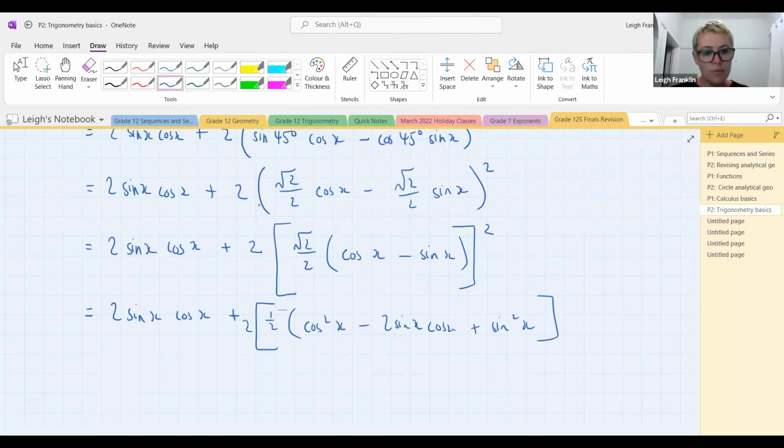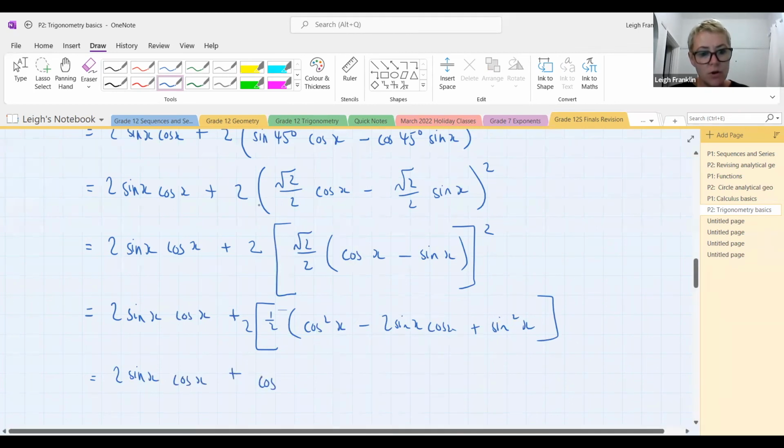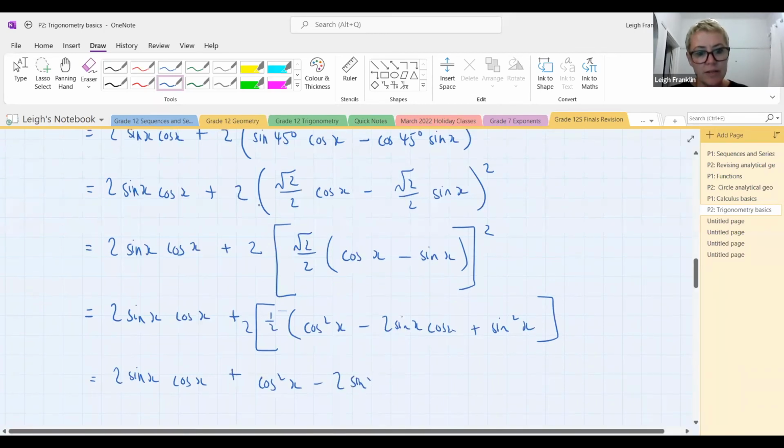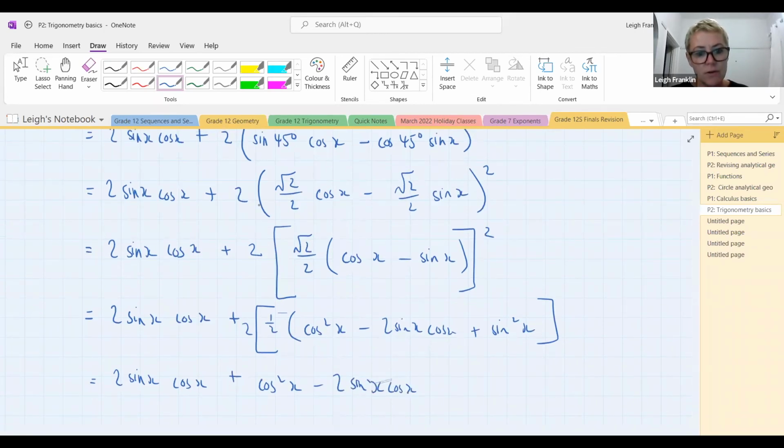And now I can remove my brackets. 2 times a half is 1. So essentially what we've got, guys, is 2 sine x cos x plus cos squared x minus 2 sine x cos x plus sine squared x.